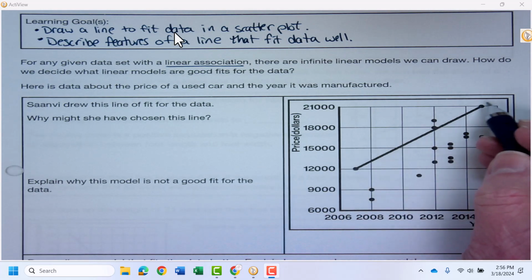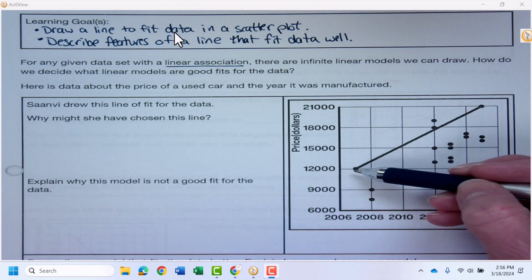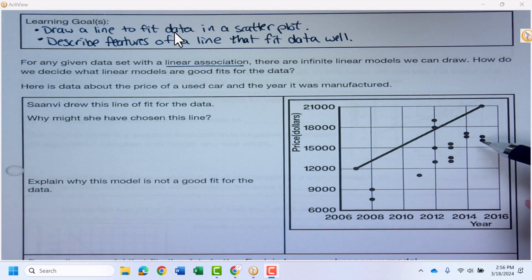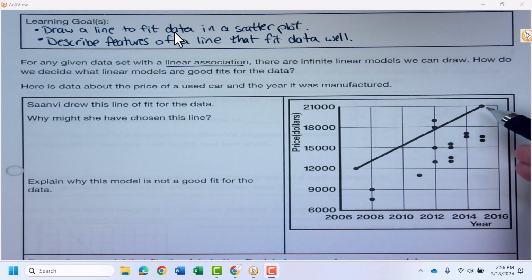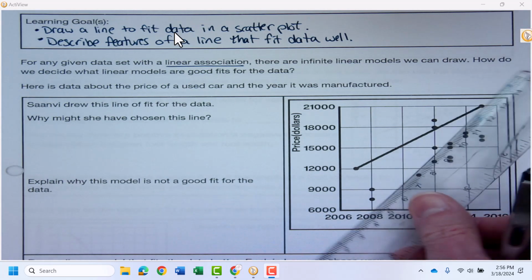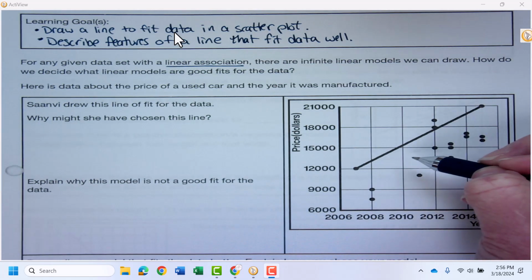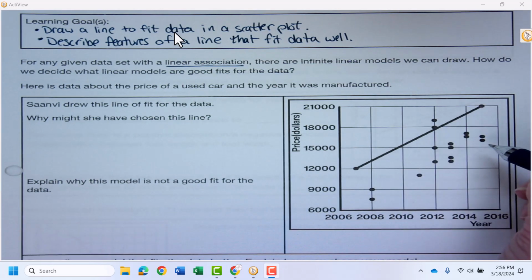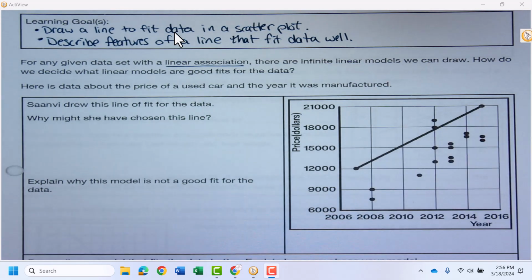Maybe somebody else would choose the oldest car and one of the newest cars, or the least expensive and most expensive car. But just basing your line on 2 points, left and right, oldest, newest, least and most expensive, that's not really what lines of fit are all about.